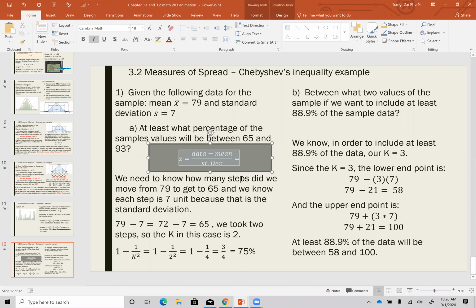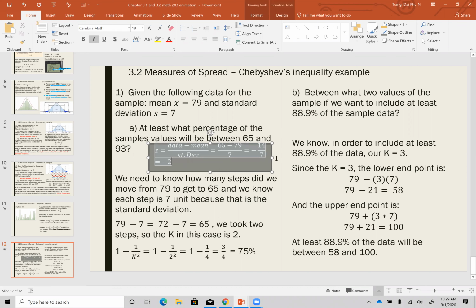Basically, whatever your data is, in this case 65, we have 65 minus 79 divided by the standard deviation of 7. 65 minus 79 gives you negative 14, divided by 7, which equals negative 2.